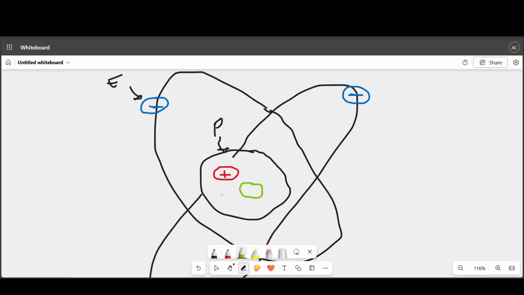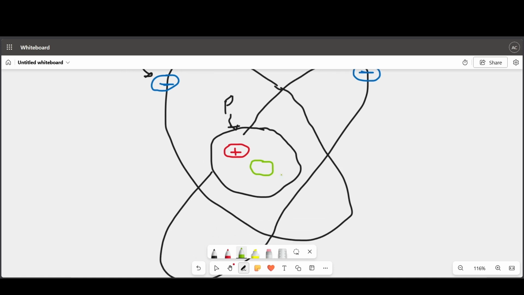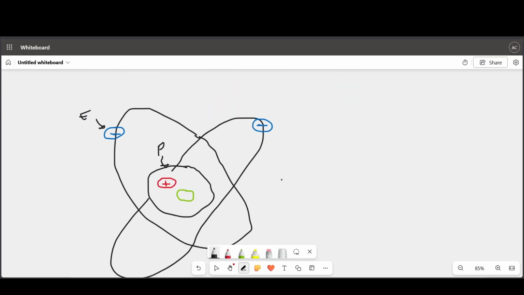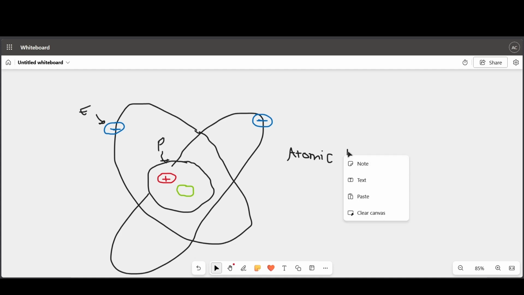So for example, if we look at the atomic number, okay, the atomic number, let's zoom out a little bit, and we're just going to describe what an atomic number is. An atomic number, which you may have already heard of in your chemistry class, is basically just the number of protons that are inside the nucleus of the atom.